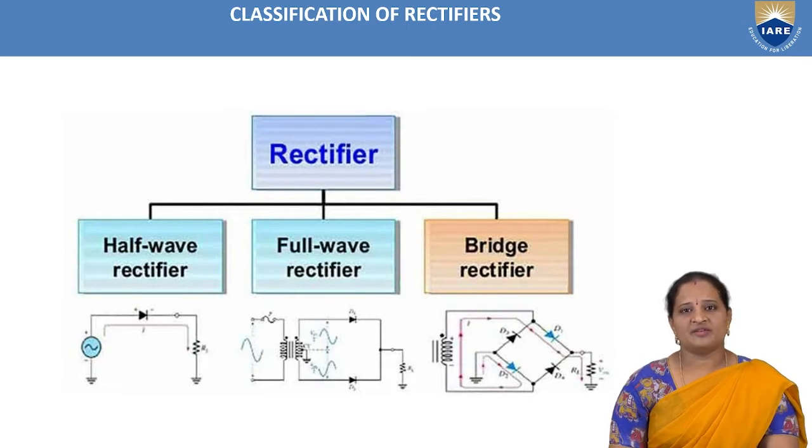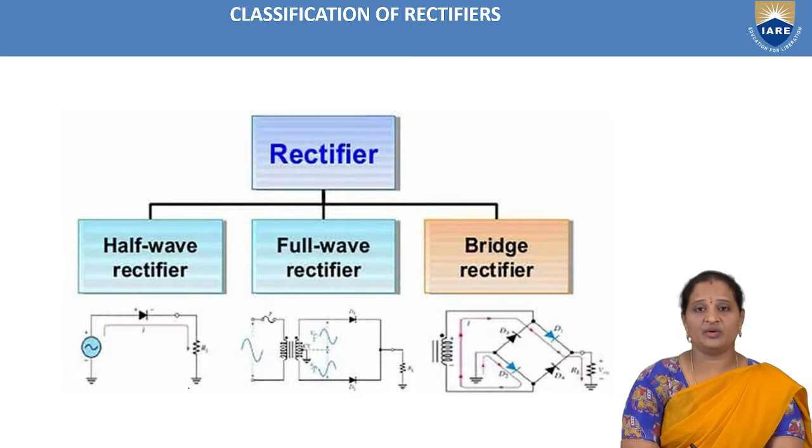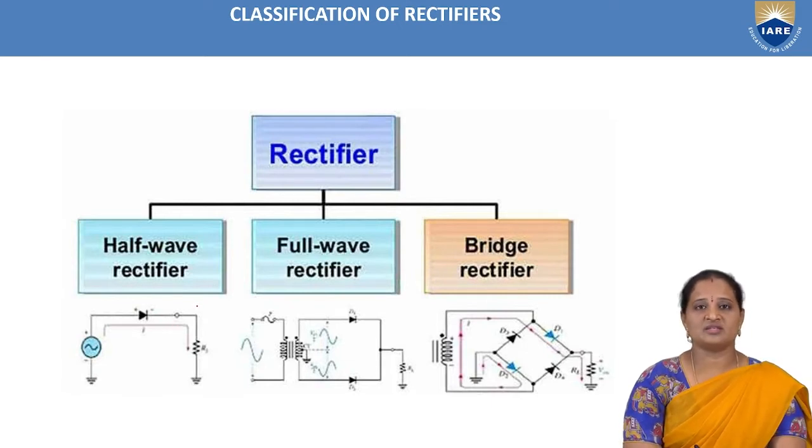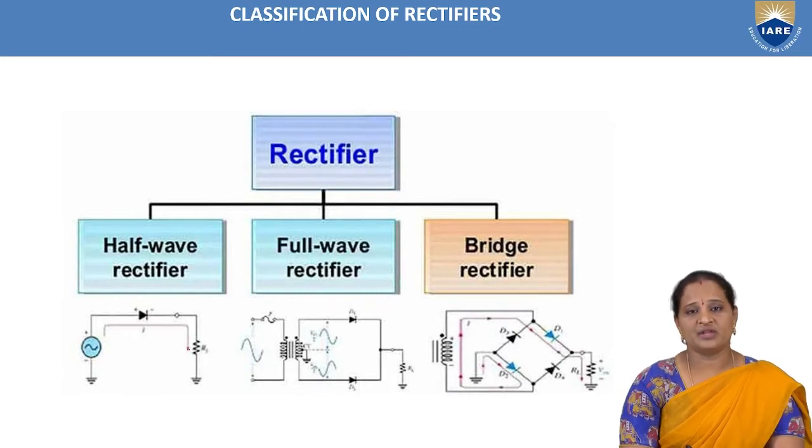This circuit shows the half-wave rectifier construction, in which only a single diode is used. A half-wave rectifier rectifies only half of the input AC supply.